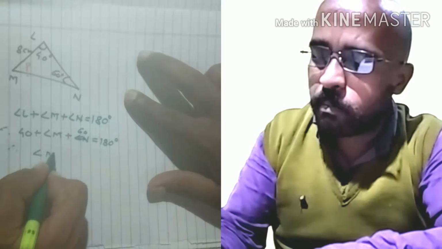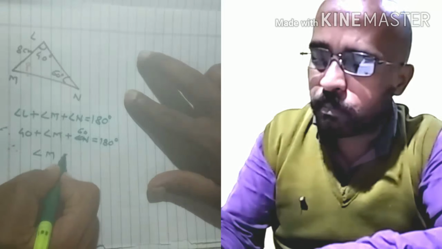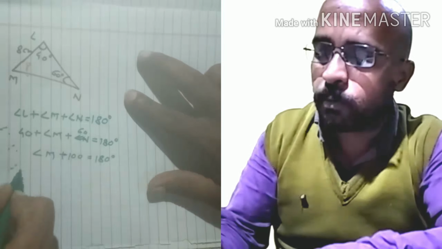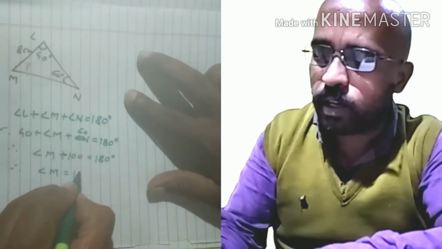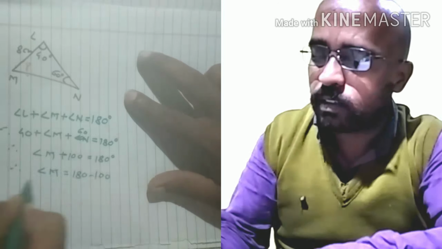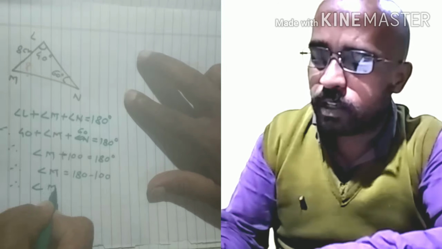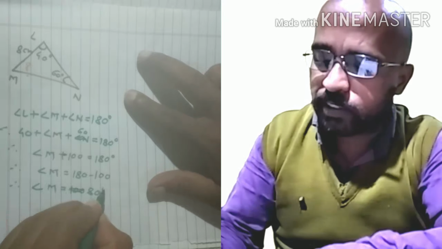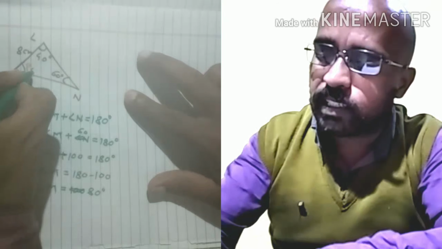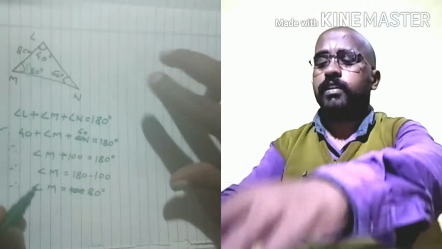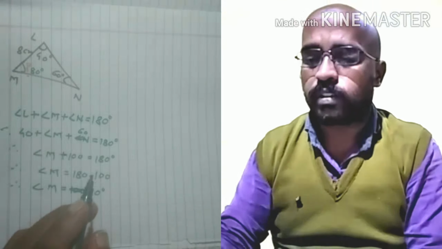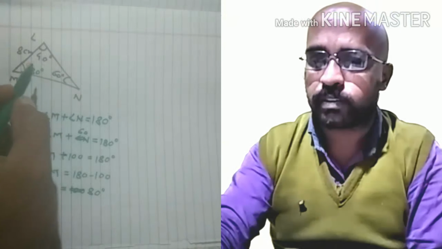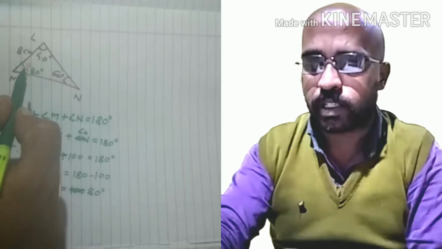Therefore angle M plus 100 is equal to 180 degree. Am I right? Therefore angle M is equal to 180 minus 100. Therefore angle M is equal to, sorry, 80 degree. So now this angle is 80 degree, and this triangle is now converted into the example of the previous kind where two angles and the side between them is given.